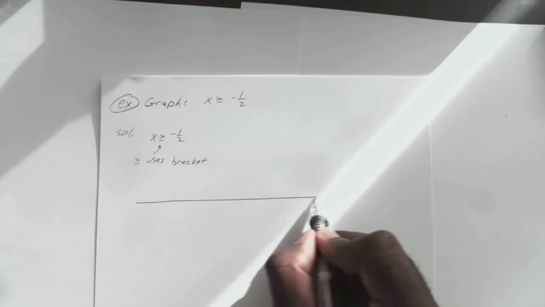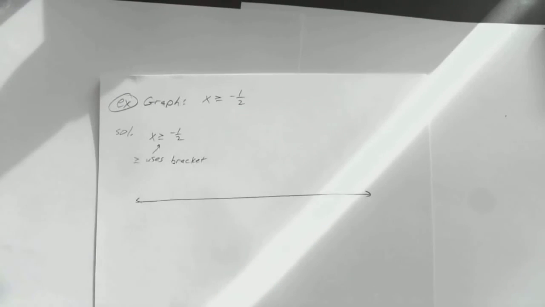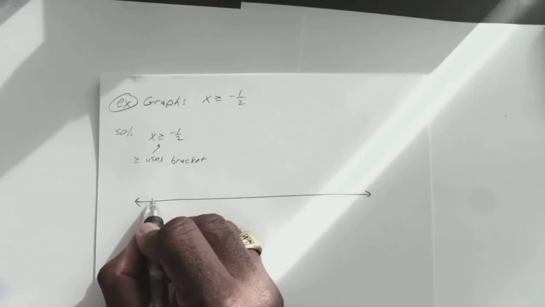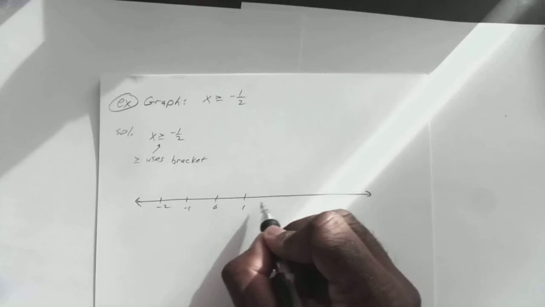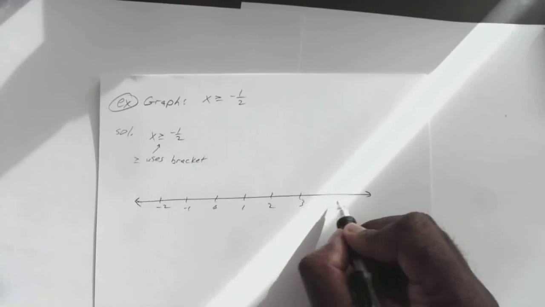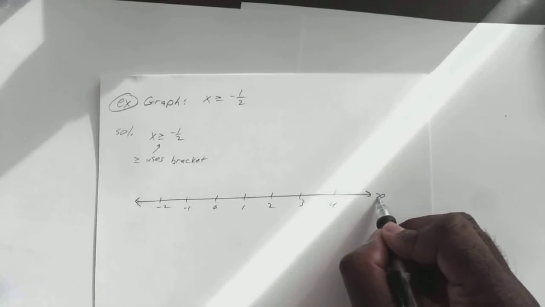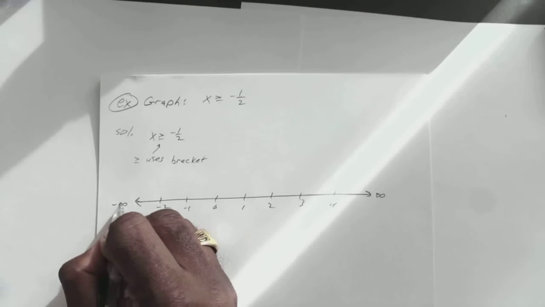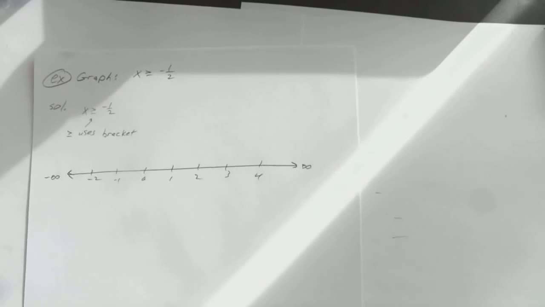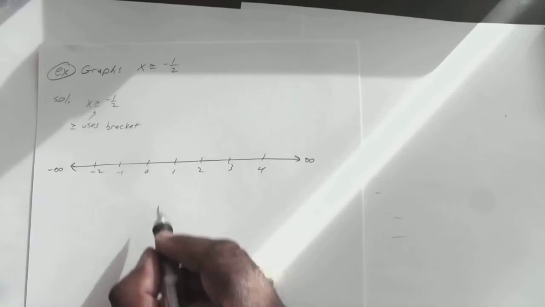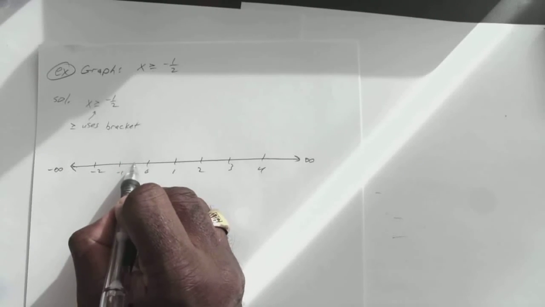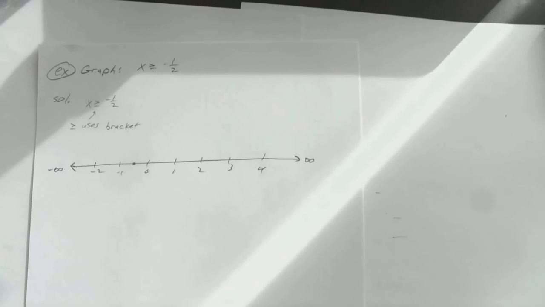Okay, so if we drew out a number line, say -2, -1, 0, 1, 2, 3, 4, goes all the way to infinity, and this one goes all the way to negative infinity. So we're looking for negative 1/2. Our negative 1/2 is about right there.